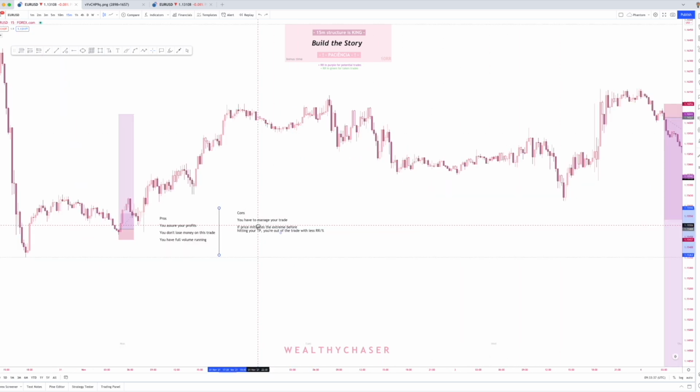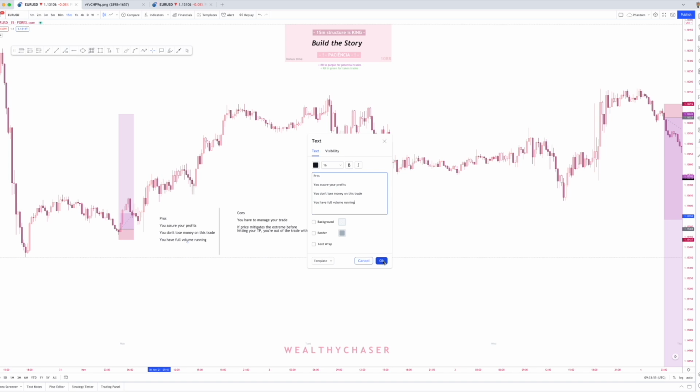So the pros and the cons of that is also you assure your profits. You don't lose money on this trade if the trade gives you reason to move your stop. You have full volume running. It's the same pros as moving your stop loss to break even, but you're assuring your profits increase along the time.